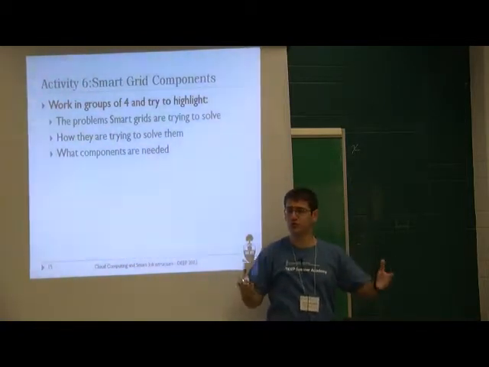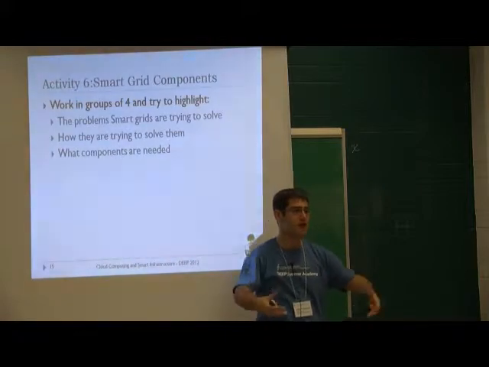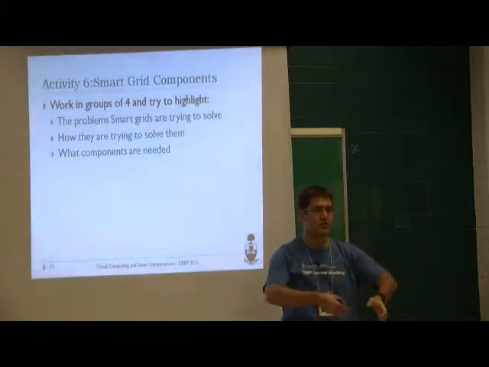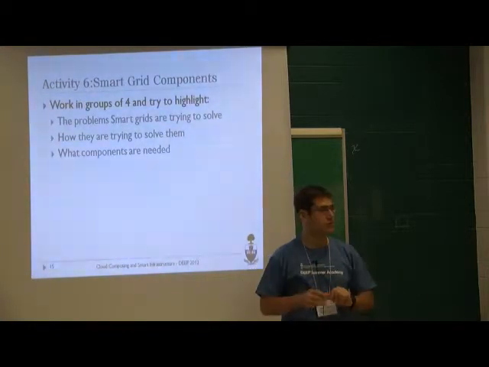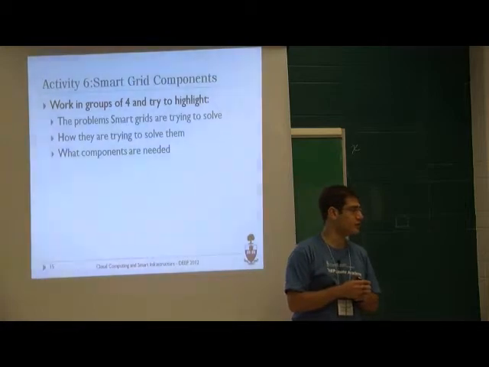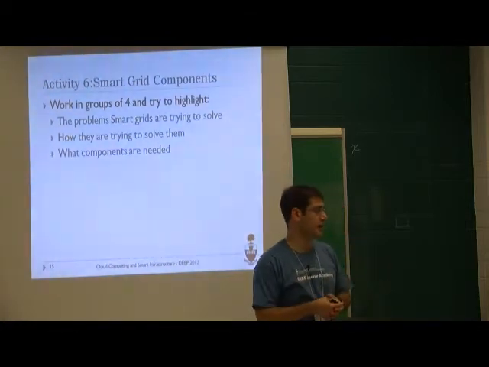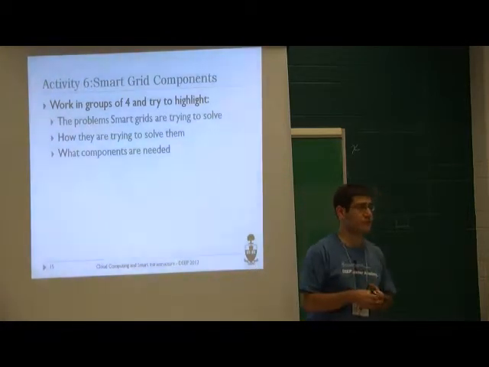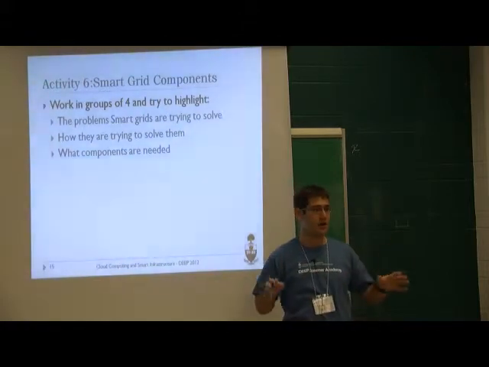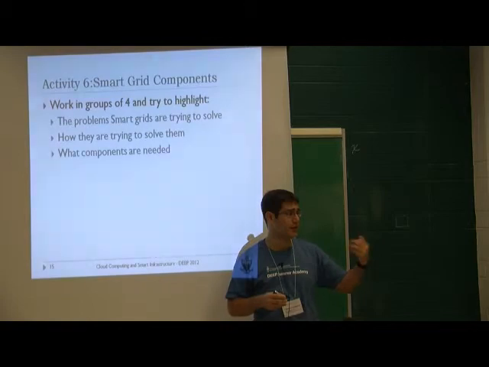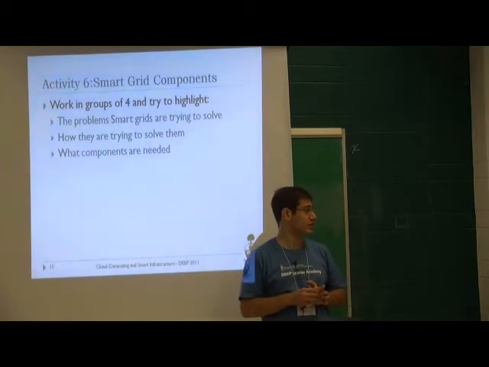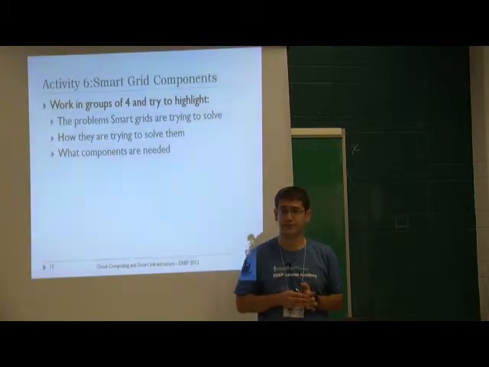If you need to draw a system, how it needs to be, starting from the sensors to the controllers to where things need to go, do it. I'll be going around and asking questions to make you think a bit more. And then we're going to go back and discuss what you came up with and discuss officially the elements of smart grids. Okay? You can start.